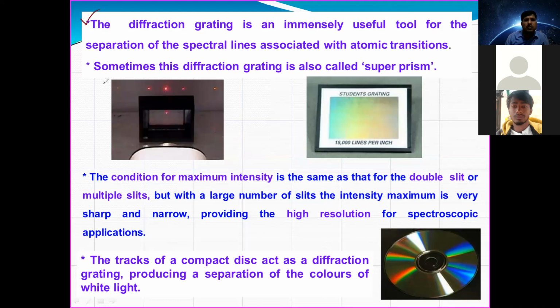Right, this point is also over. Another third one is that this diffraction grating is sometimes also called a super prism. Very nice. Which diffraction type is called super prism? Grating.